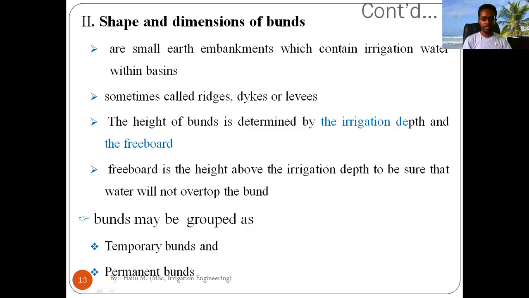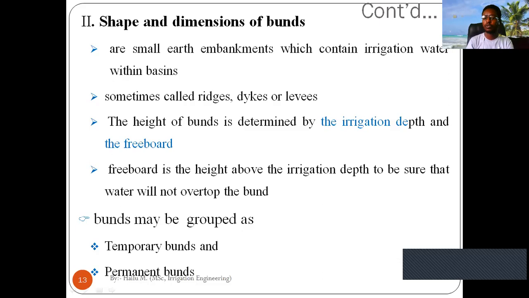So in the design and construction of bunds, we not only consider the irrigation depth, we also have to add the freeboard. That means we have to be sure that water will not overtop the bunds. Bunds may be grouped into two.